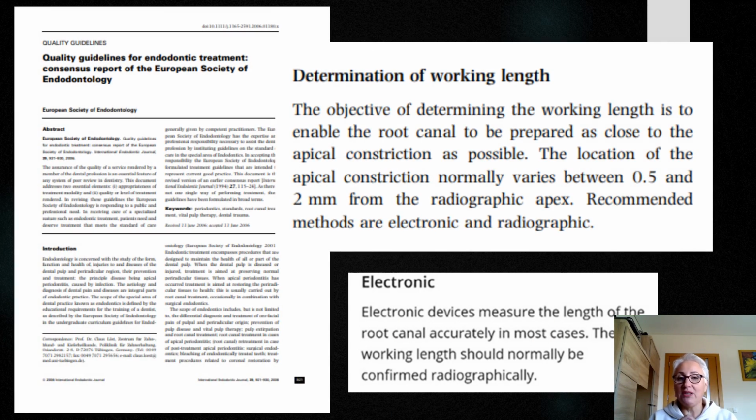This is a recommendation from the European Endodontic Society, the quality guidelines for endodontic treatment, about working length determination. They write that the location of the apical constriction could vary by 0.5 to 2 millimeters from the radiographic apex.